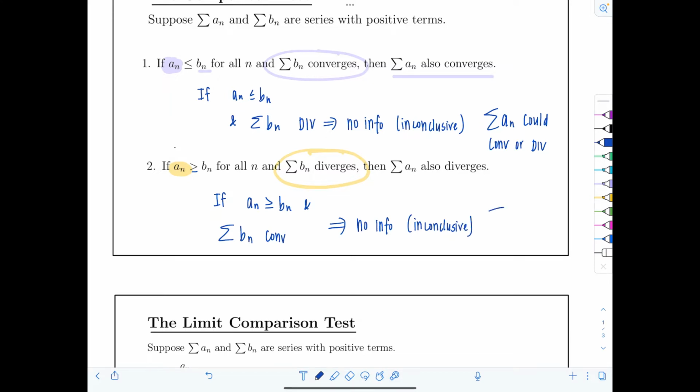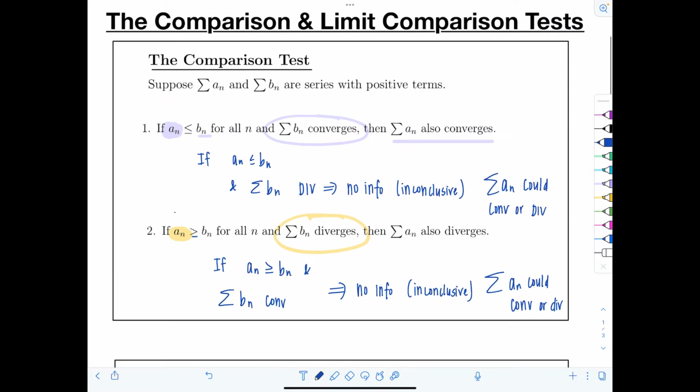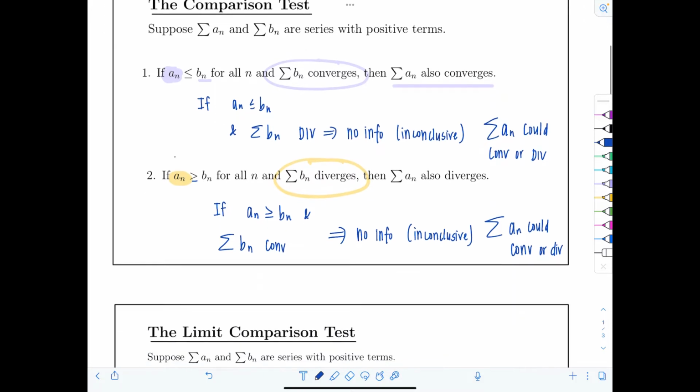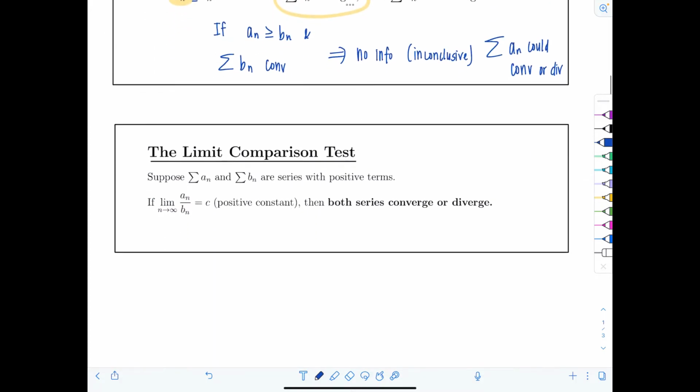So the sum of An could converge or diverge. So sometimes students don't like using just direct comparison tests, because it's very particular. You have to show the inequality in just a certain direction in order for the test to yield any meaningful results. Another test that we have is the limit comparison test.